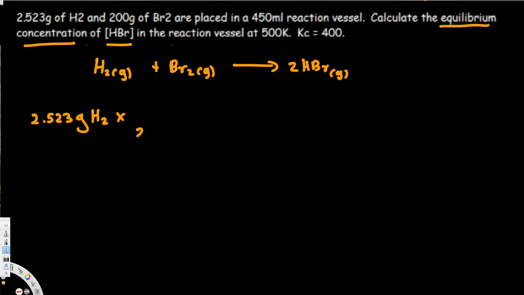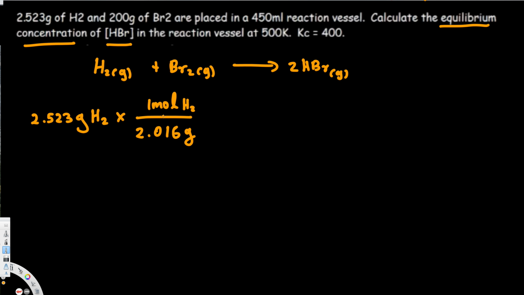If you want the exact value, that's 2.016, because 1.008 is 1 hydrogen. So 2.016 gram per mole, and we are going to have 1 mole on top. We had to put the conversion factor in such a way that gives us mole on top. That's why we put mole on top and gram on the bottom, because gram cancels.